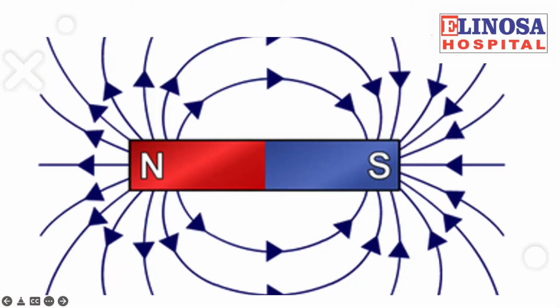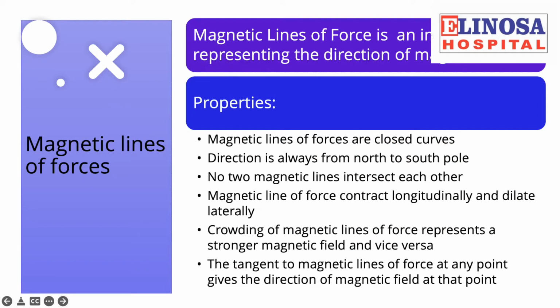So what are the concepts that we have discussed? Magnetic lines of forces are closed curves. Magnetic lines of force go from the north to the south pole. Those are the important things that we have discussed so far. And then, crowding of the magnetic lines of force represents a strong magnetic field. If we represent the magnetic field with too many crowded lines, that means it's a strong magnetic field.